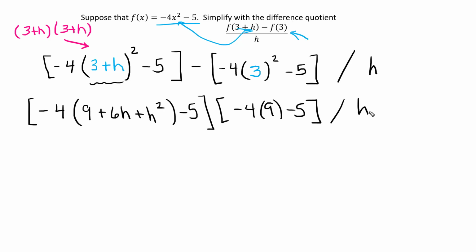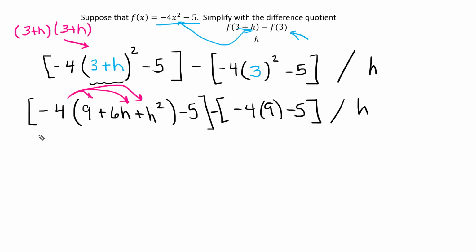All right, and so now from here, basically what I'm trying to do is simplify this even more. The next thing that I would probably do is distribute this. So that's what I'm going to do. Oops, look at that, somebody's yelling, Cindy, you forgot your minus sign. No, I didn't. It's there. You just didn't see it.